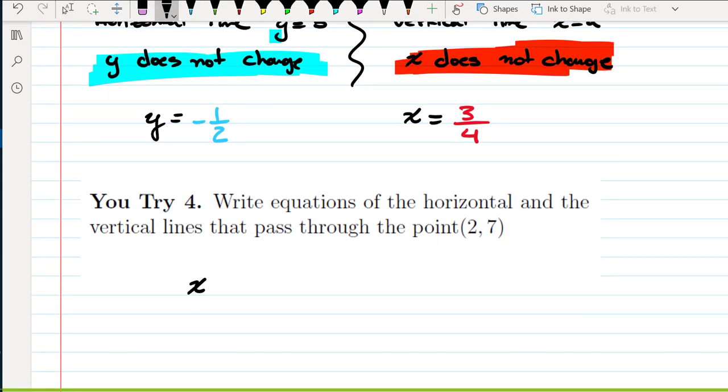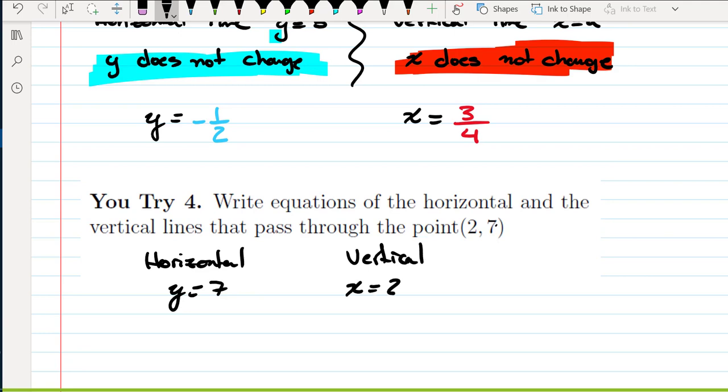Well, since on a horizontal line the y value doesn't change, our y value is 7. And for our vertical line, on vertical lines, x doesn't change, so our x value has to be 2.